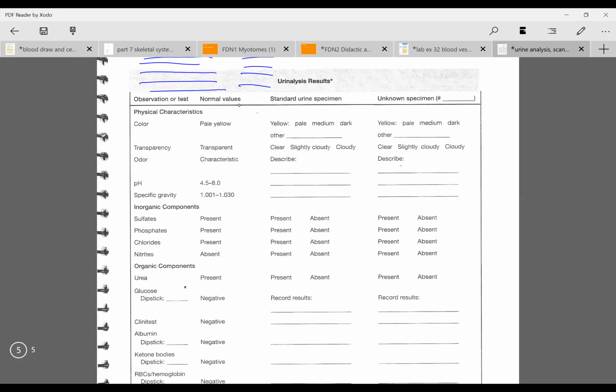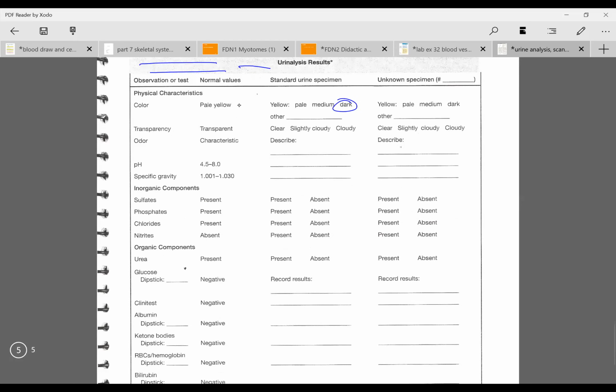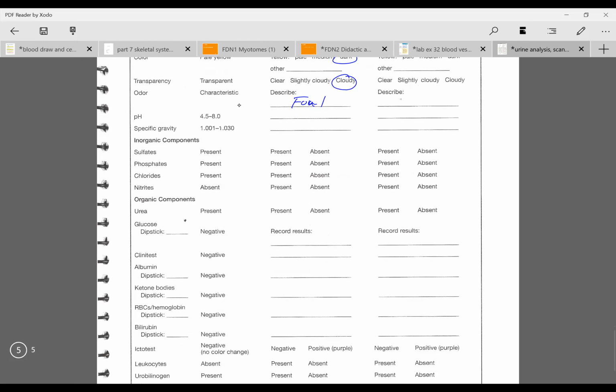So you look at the color, and in this, we're going to make this up, pretending we're looking at a UA here. That's abnormal. So it's dark and it's cloudy. And the odor is foul. So that's the word I use when it is just awful. So foul. They had a pH of 5.